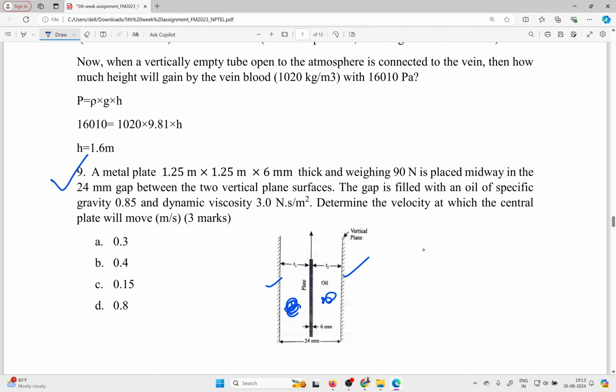So you need to calculate your velocity. Please apply the concepts you have learned in the previous chapters or previous NPTEL lectures, and you can easily calculate.